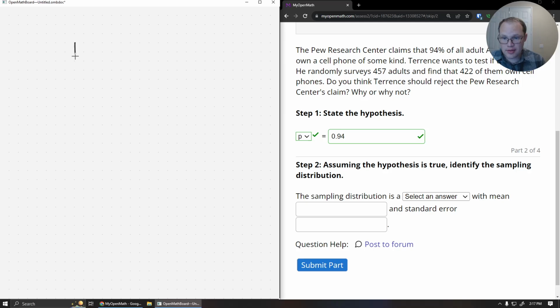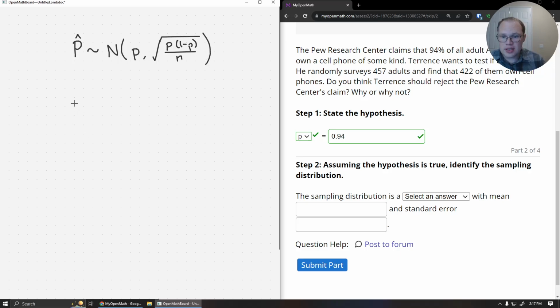If we look at the sampling distribution of sample proportions, according to the central limit theorem, they are normally distributed. The mean of the distribution is the population proportion, and the standard error is the square root of p times 1 minus p, over the sample size.